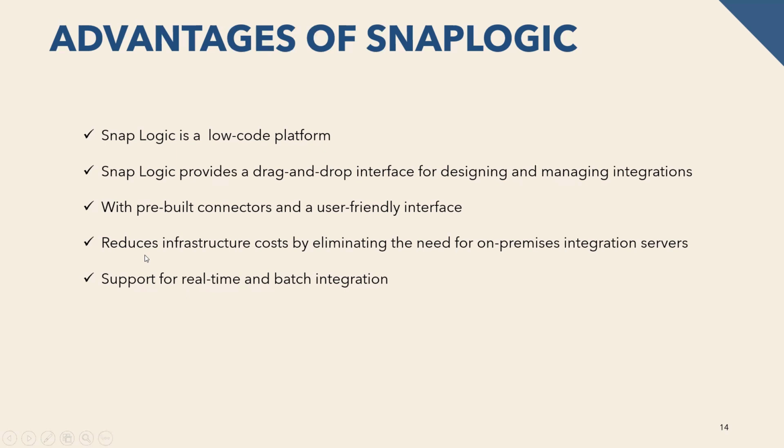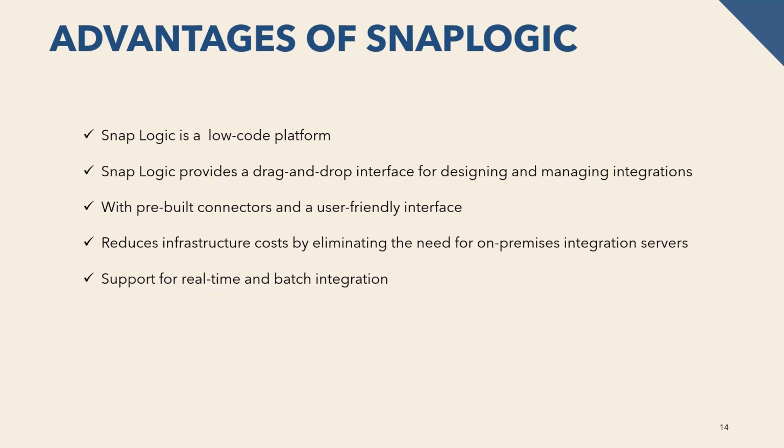Also, SnapLogic reduces infrastructure cost by eliminating the need for on-premises integration services. If you go with the traditional approach, it requires a significant investment in hardware, software, and ongoing maintenance activities.